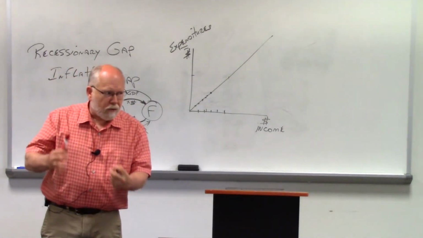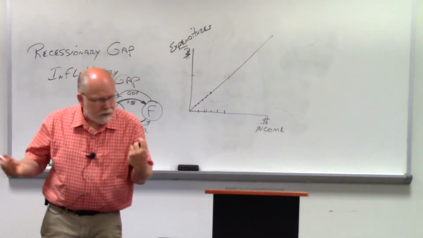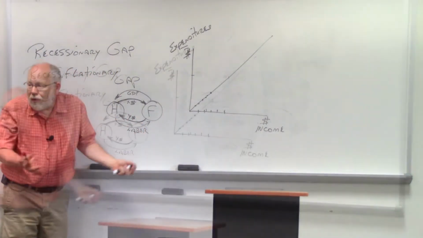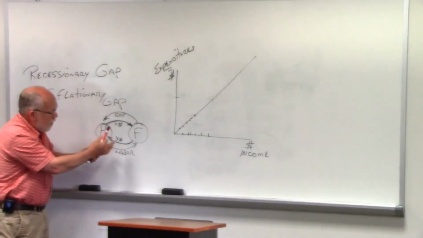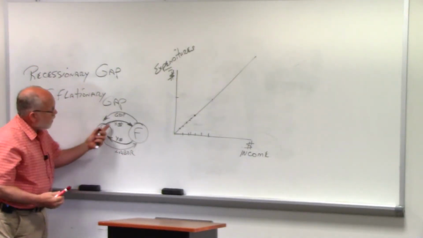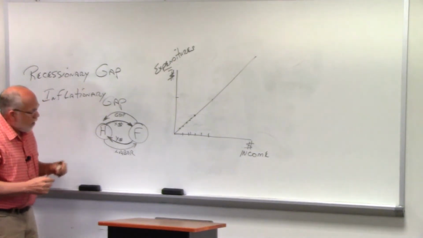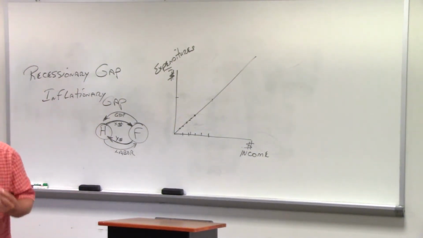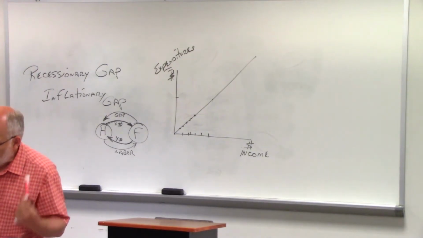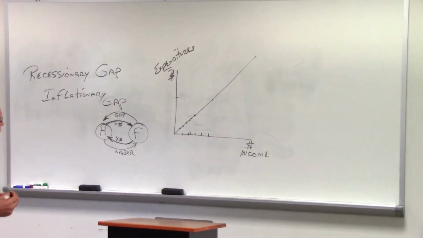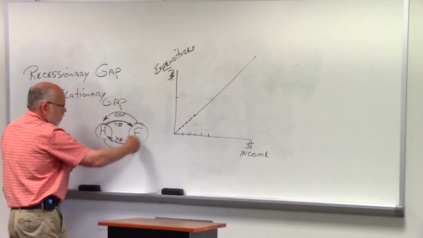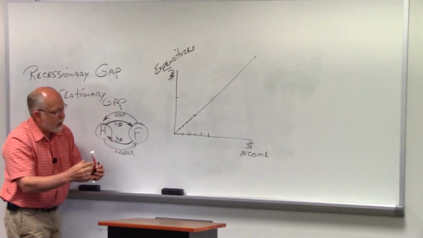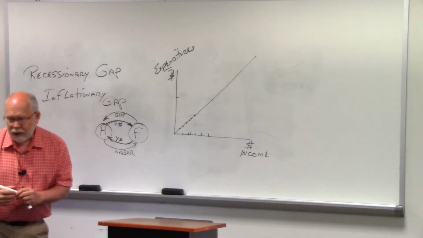And oh, what a wonderful world it would be if all of a sudden we can work as many hours as we want, and we can make as much money as we want by the number of hours, and then we can spend as much as we want. Now, if everybody is fully employed and factories are operating at full capacity, then we're at some income level here, which is people making as much as they possibly can, and that's called potential income.